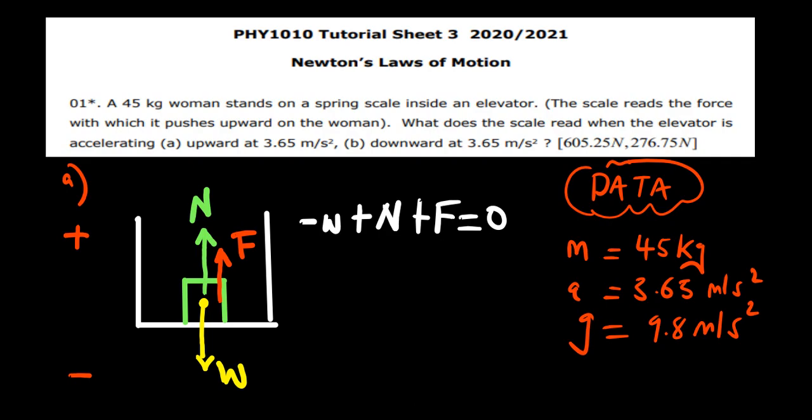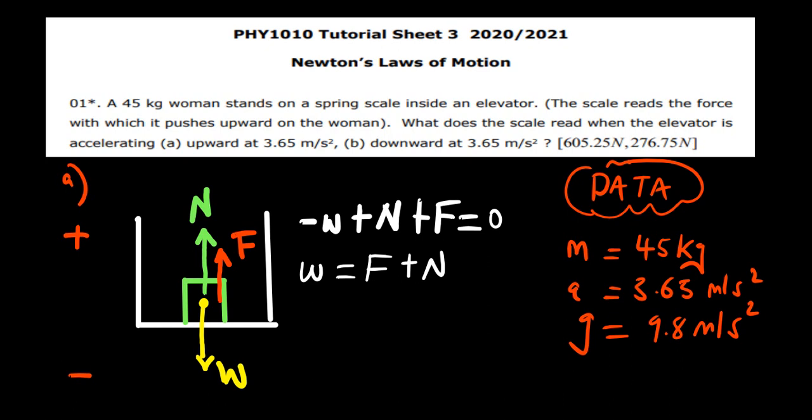Now, weight is just equal to mg, but let's make weight the subject of the formula, because that's what we're finding. If I take the weight to the other side, it becomes positive. So I'm going to have weight equals F plus N.